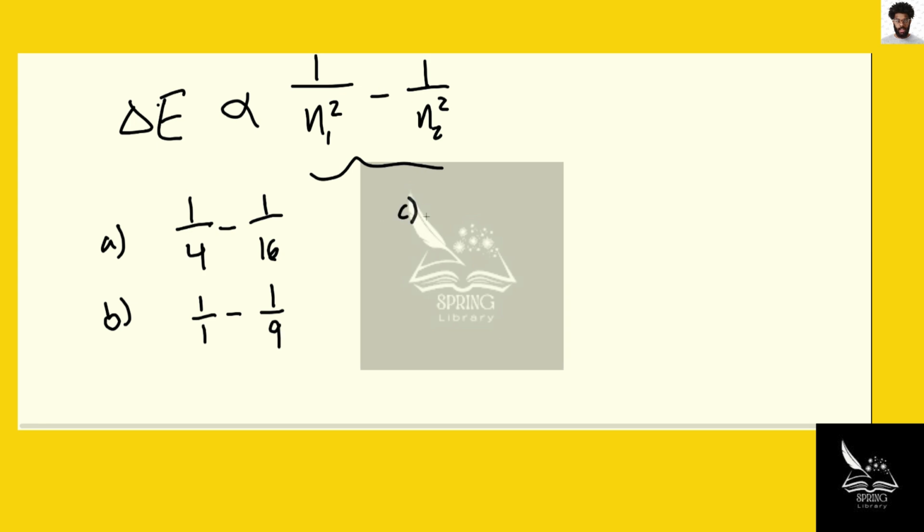For C, we've got n1 equals 1, so that's 1 over 1, minus n2 equals 2, so that's 1 over 4. And D, we've got n1 equals 9, 1 over 9 squared, so that's actually 1 over 81, minus n2 equals 10, so that's 1 over 100.